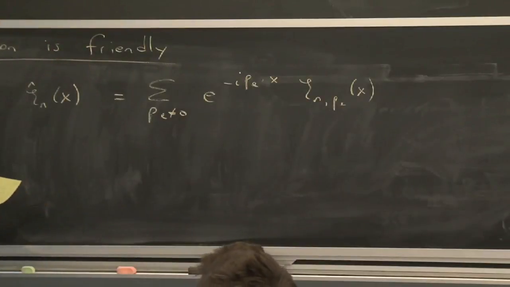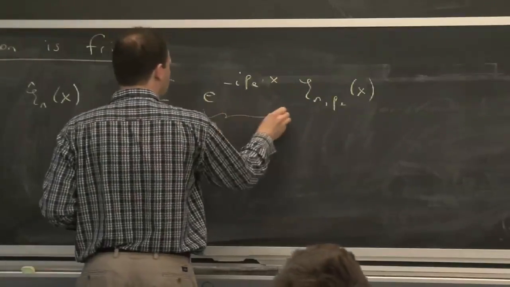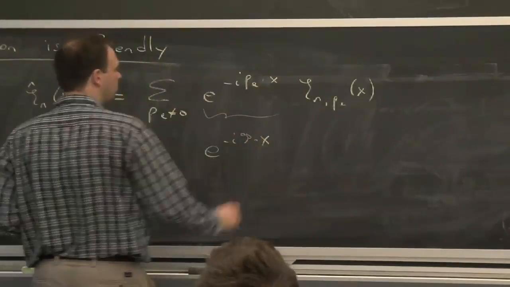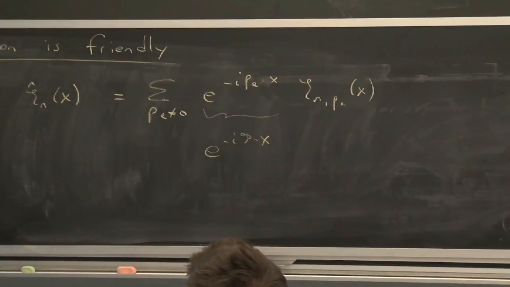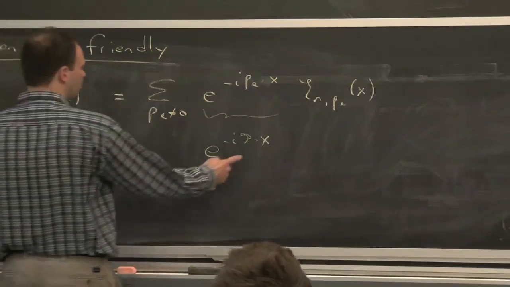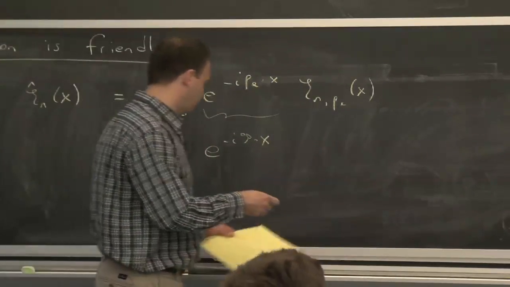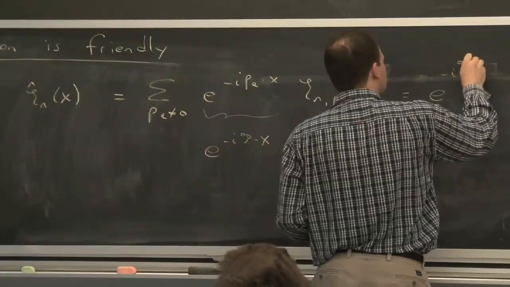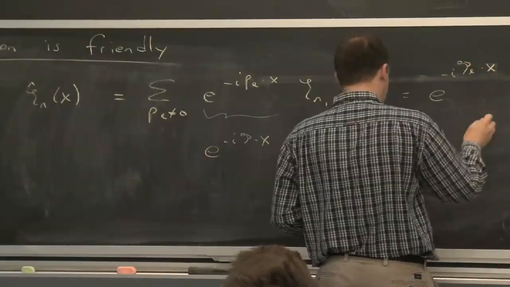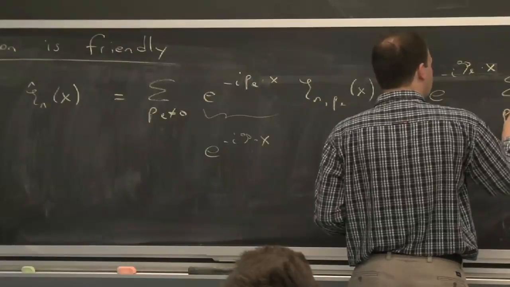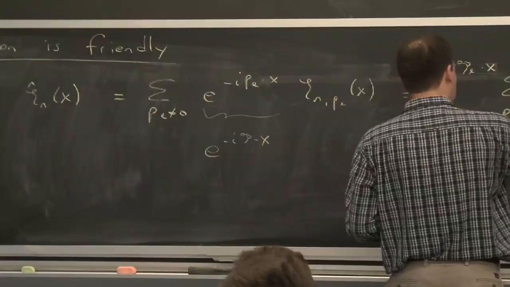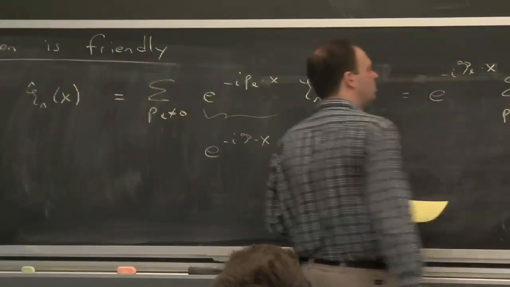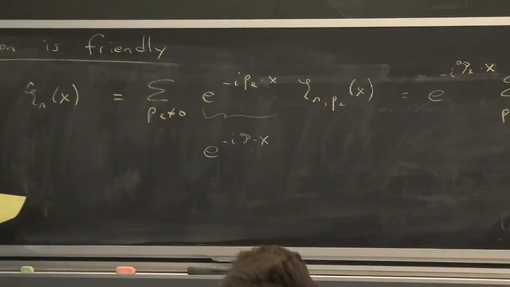What I can do is take this and replace it by e to the minus i label operator dot x, right? But the label operator doesn't care about the sum, so I can push it through. So as an operator, it goes through the sum. I have that.